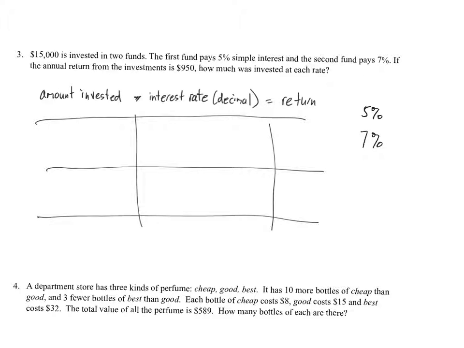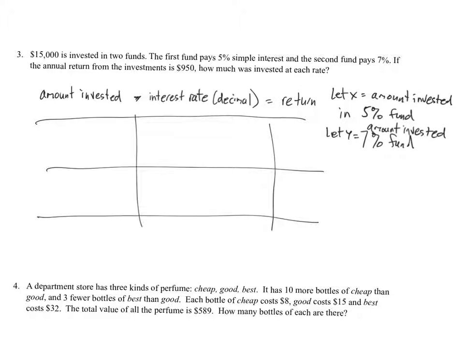So what we're going to say is, let x equal the amount invested in the 5% fund, or at 5%. And let y equal the amount in dollars invested in the 7% fund.